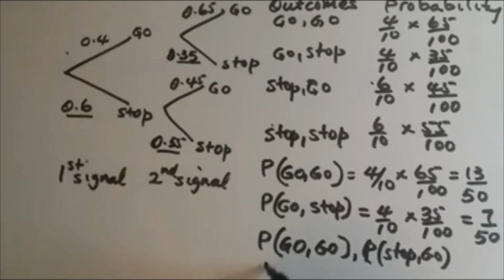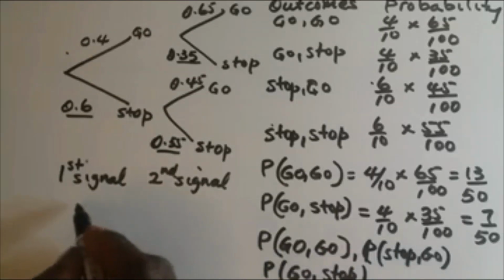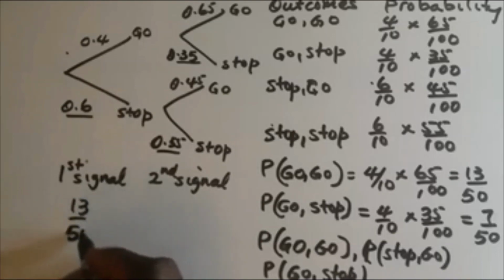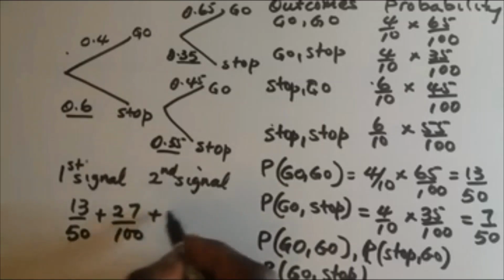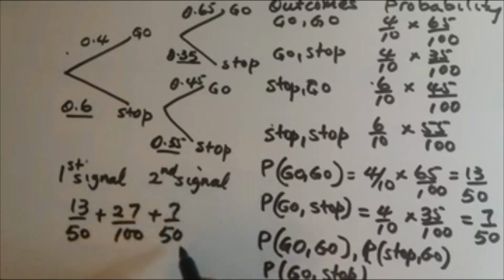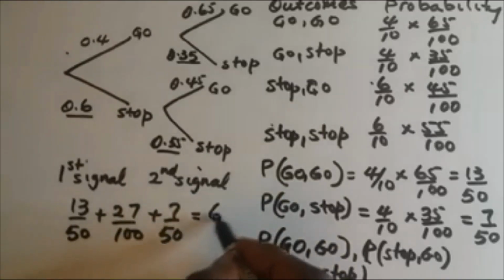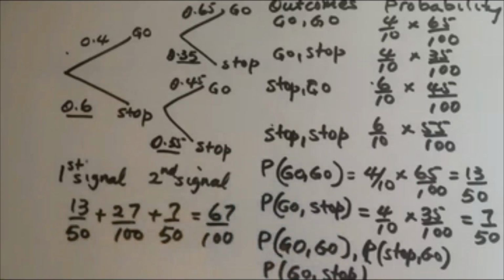And lastly, the probability of a go and a stop. And this is 13 over 50. Let's write out here 13 over 50 and 27 over 100 and 7 over 50 to give us a total of 67 over 100. So at least one go, the probability is 67 over 100.